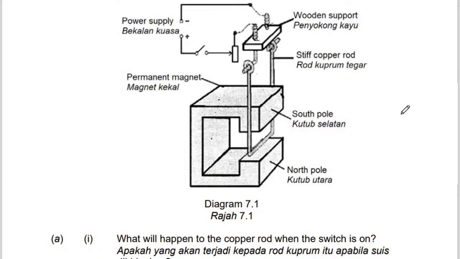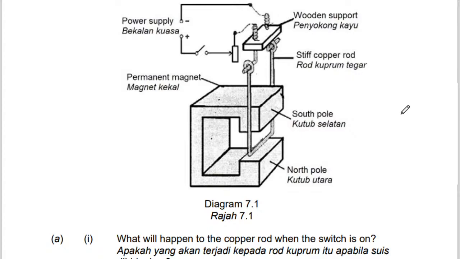Okay, what rule do you use to determine the direction of the stiff copper rod? Fleming's left hand rule. Okay, good. So obvious you know how to use Fleming's left hand rule.